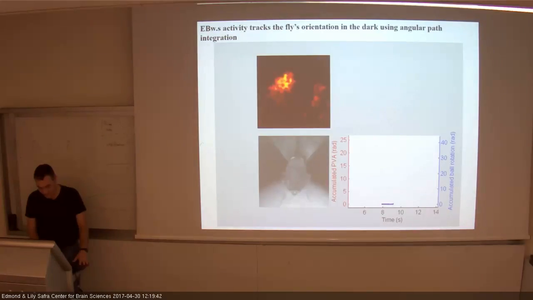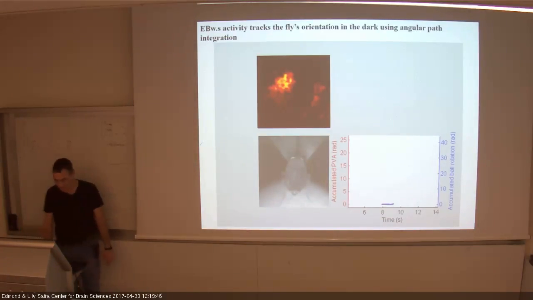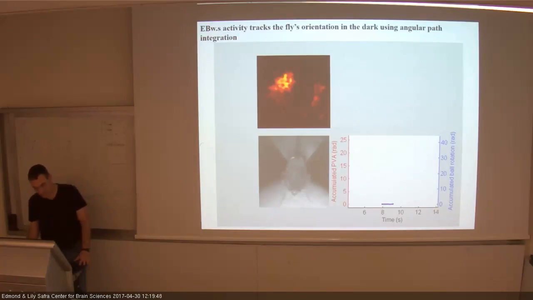Okay, so now I will show you the activity in this region when the animal is in the dark. So there's no visual stimulus. But it can walk on the wall. Yes, it still walks on the wall. Is it fixed to that ball or can it fly?